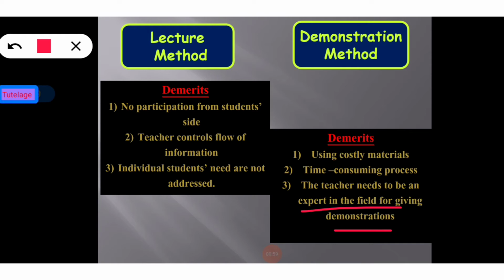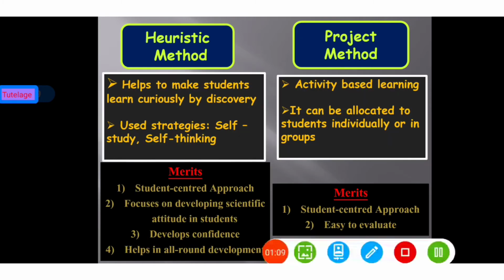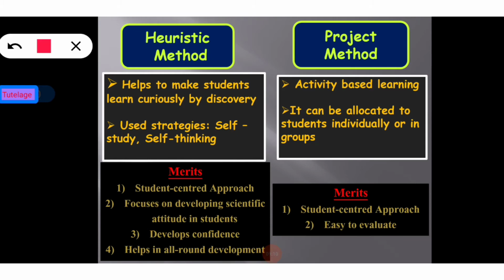Okay, so now move on the next topic, next teaching method, obviously. So here we can see the heuristic method, and heuristic method basically was proposed by Armstrong. Okay, so the word heuristic is derived from the Greek word heuristein, that means find.